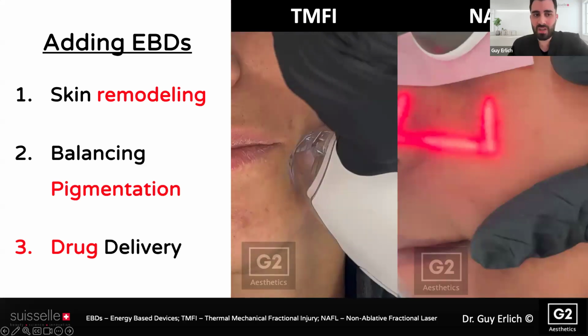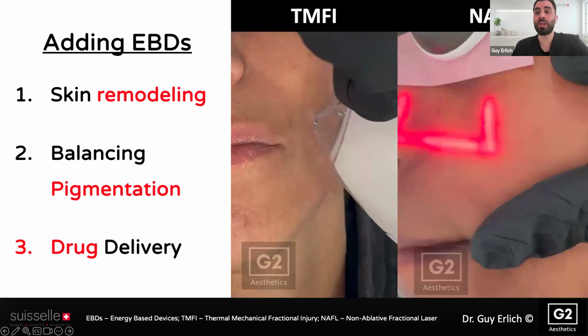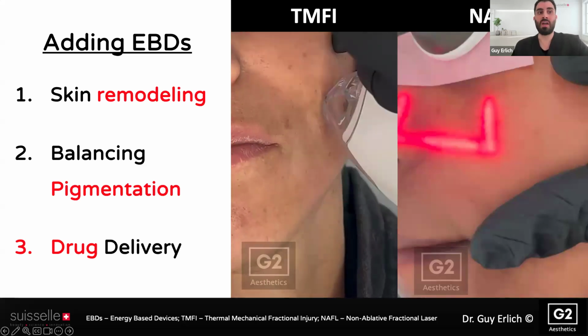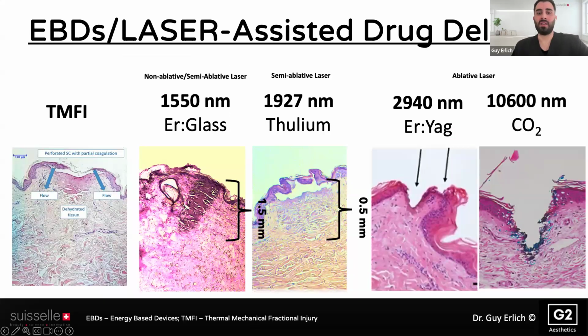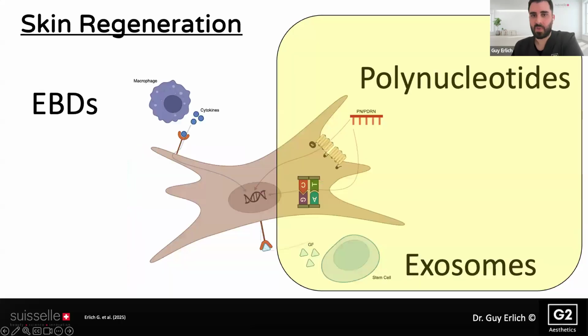I am getting remodeling, I'm getting balancing of pigmentation, and of course, I can also use it for assisted drug delivery. Either TMFI, 1515 erbium glass, 927 thulium, and if the Fitzpatrick is very low and it is a very bright patient, then I can also use my ablative laser.